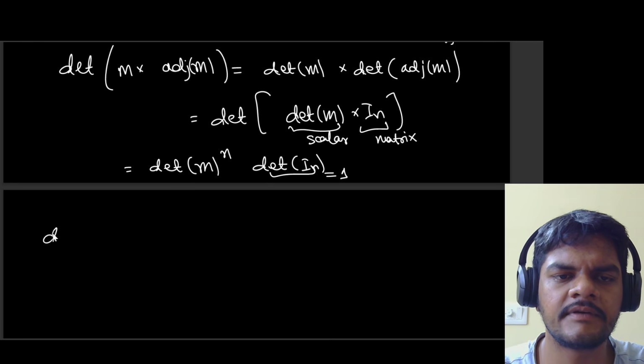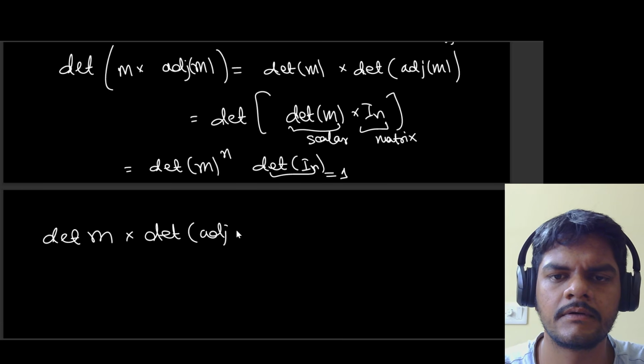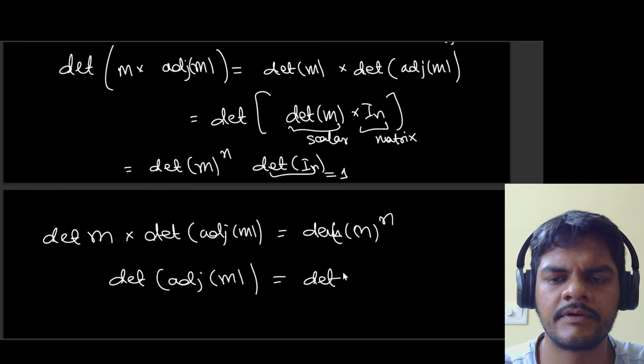So you will have determinant of M into determinant of adjoint matrix of M is equal to determinant of M power n. So determinant of adjoint matrix of M is equal to determinant of M power n minus 1.